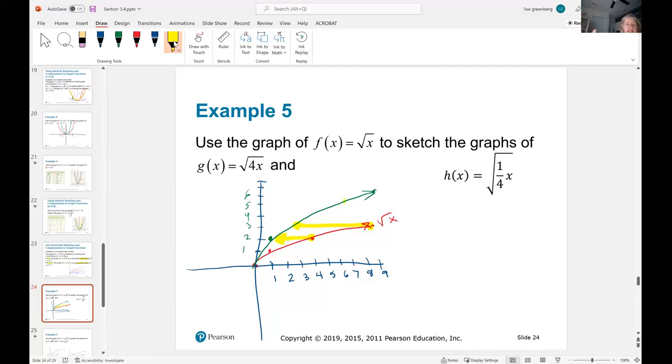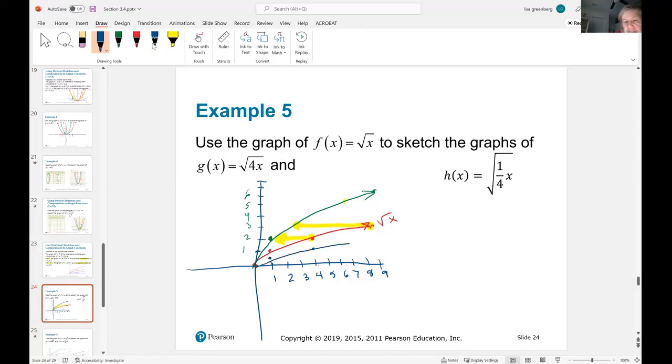So it's compressing. If I say 1/4 times x, well, then I have different values, right? So when x is 1, I'm going to have the square root of 1/4, which is 1/2. So it's doing this. But basically, let's do the next one. So when x is 4, it's at 1. And I'll just draw it from there.